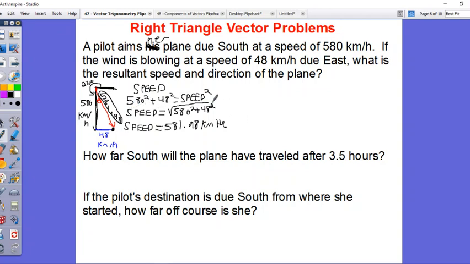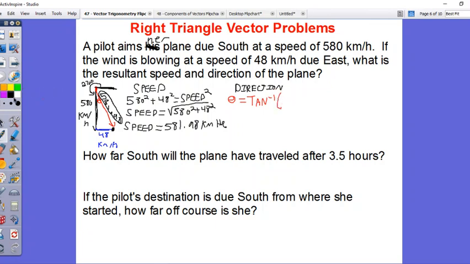Let's find the direction. For our direction, first we need to find theta, not our angle of direction, just theta, the internal part of this right triangle. So to find theta, theta will be equal to the inverse tangent of the opposite side over the adjacent side.